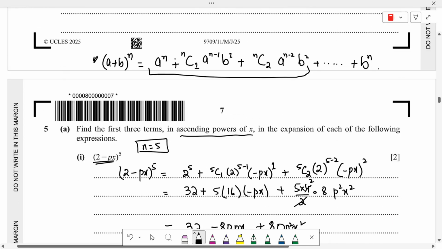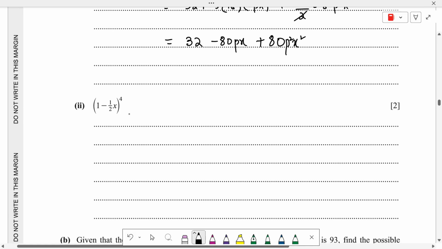Now apply the same formula to the expression (1 minus half x) to the power of 4.